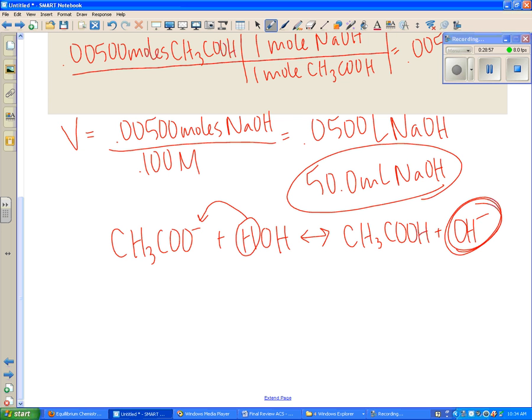So we need to figure out the concentration of hydroxide ions so that we can figure out the pH. Well, we could do that using a nice table. And you thought you didn't need to know those anymore.